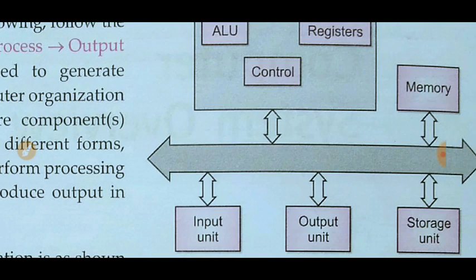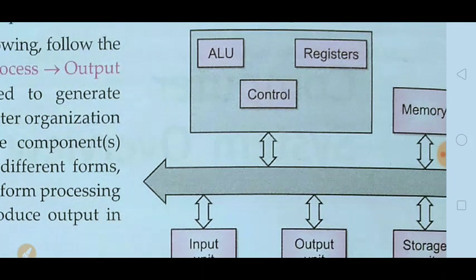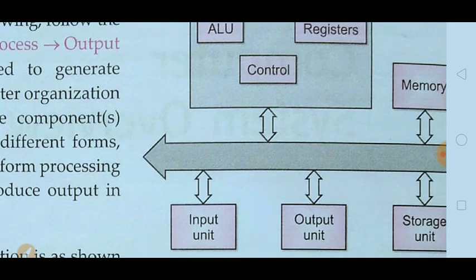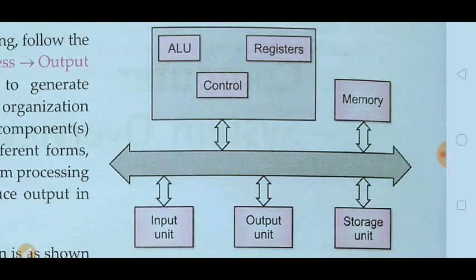Here these types of box and arrow signs are used, that are used for attaching your input unit with the memory or CPU or storage. That's why we are using these type of arrow sign.